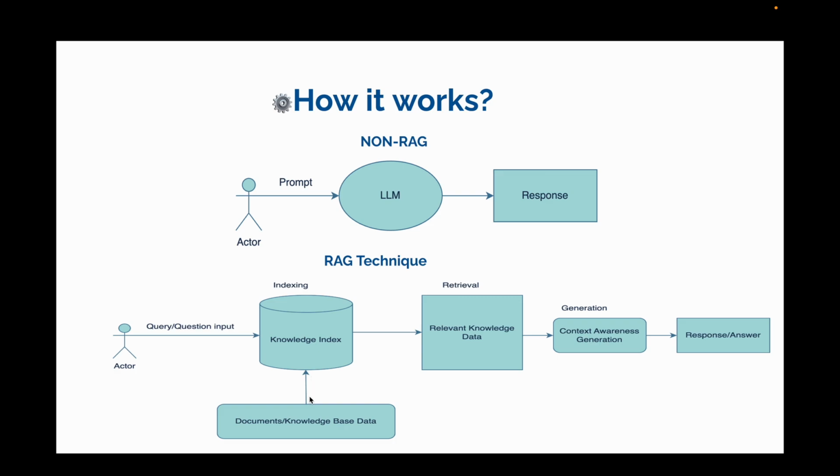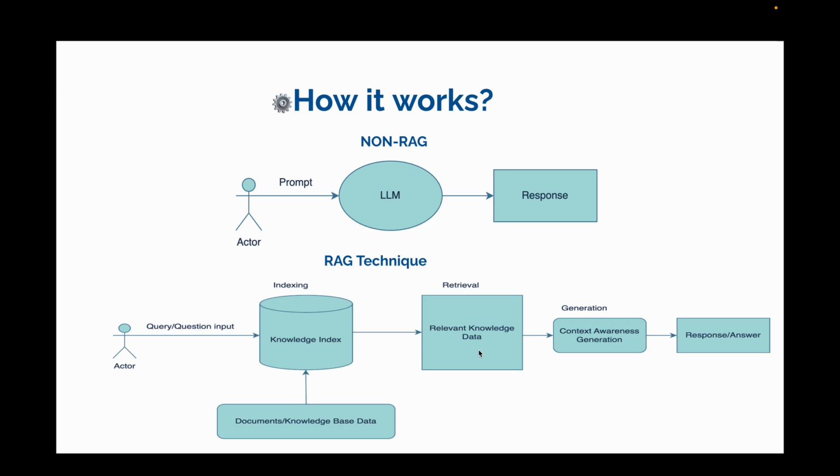This is the retrieval stage. It searches the indices for knowledge that matches the query or the question, and then retrieves the top most relevant context that matches the query, and sends all of this to the context-aware generator before providing an answer. You can see that it has an extra step, which is the retrieval step.